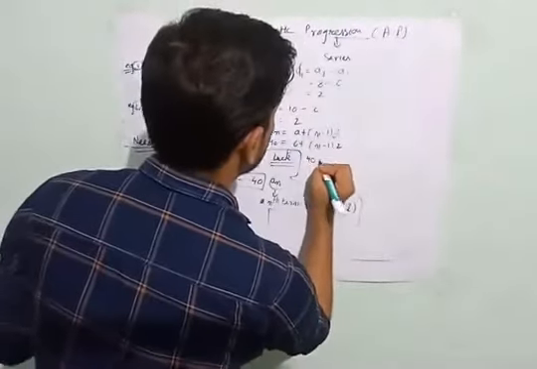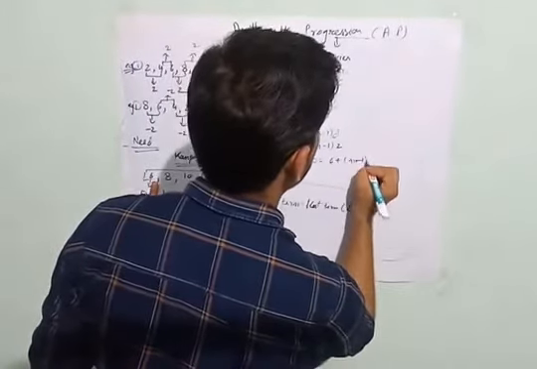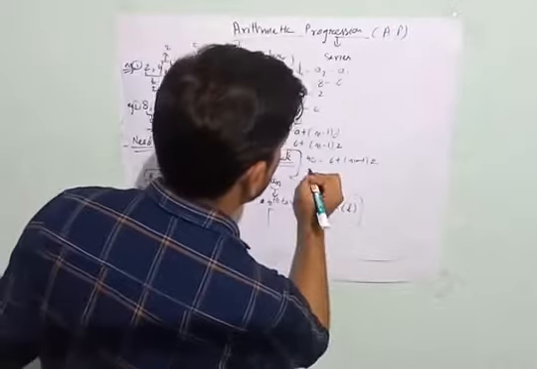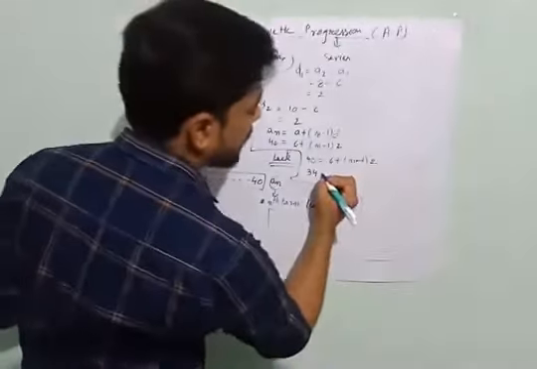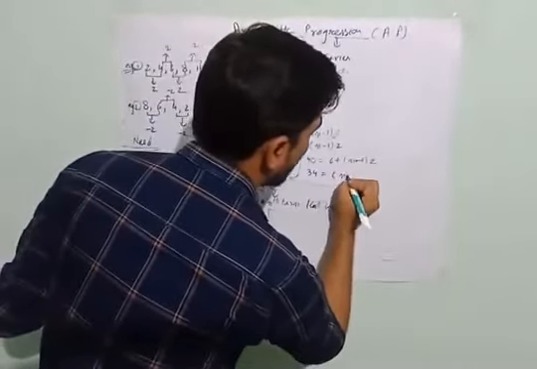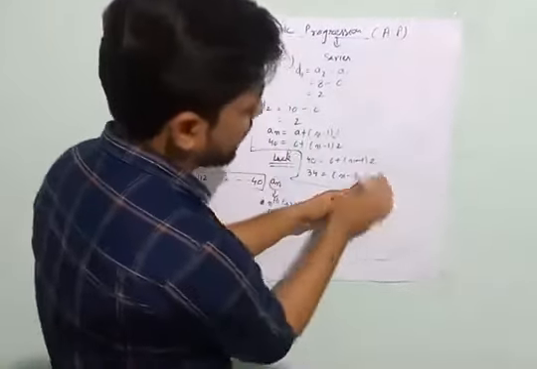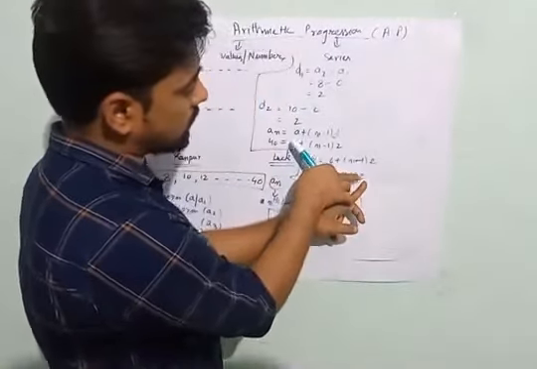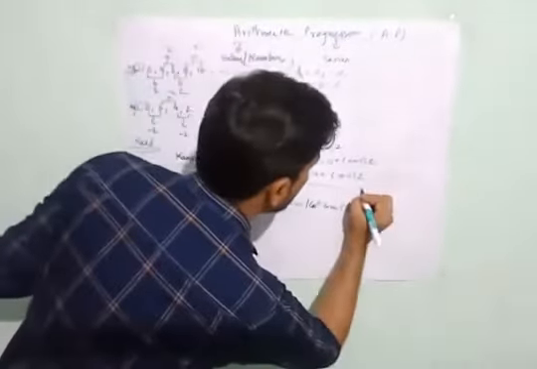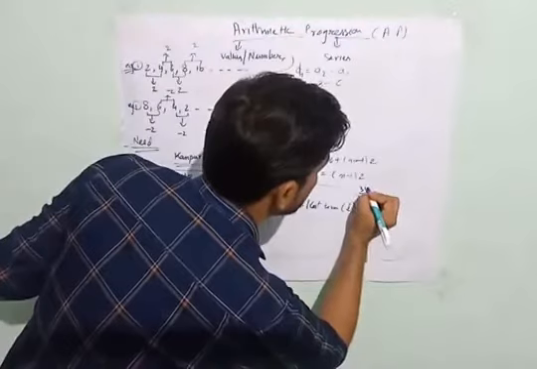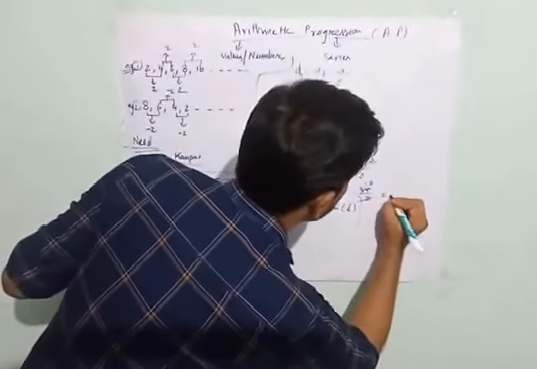So 40 is equal to 6 plus n minus 1 into 2. Here from LHS to RHS it will be 34, that is 40 minus 6, equal to n minus 1 into d, and it is multiplication. When it comes from LHS to RHS, it becomes division. Then 34 divided by 2: 2 1s are 2, 2 7s are 14, which is n minus 1.